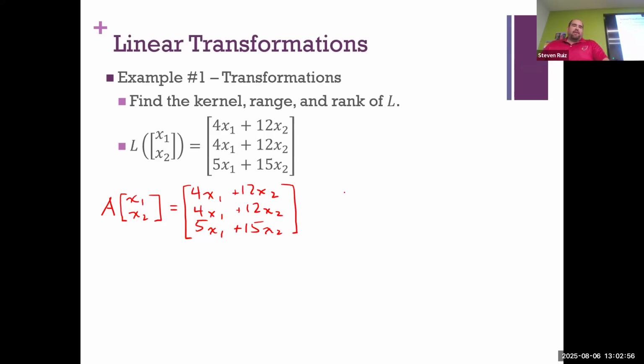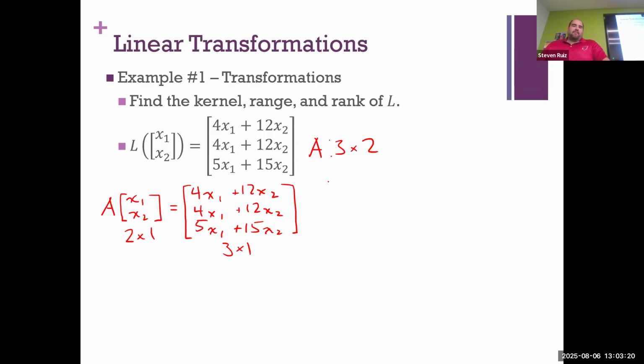Should we talk about what order it has to be? So based on the product I have here, the output is this 3x1 vector. I'm multiplying it by a 2x1. Has to be a 3x2. So A must be a 3x2 matrix.